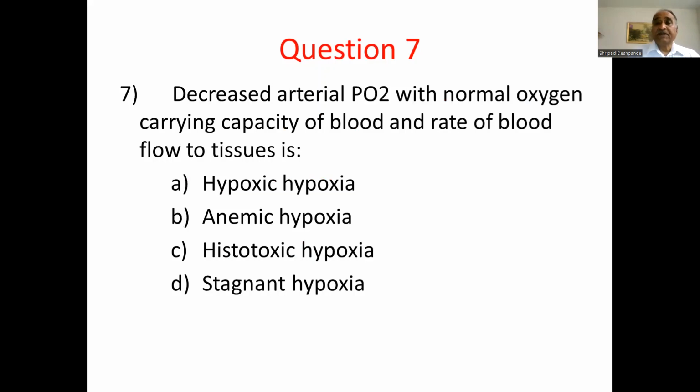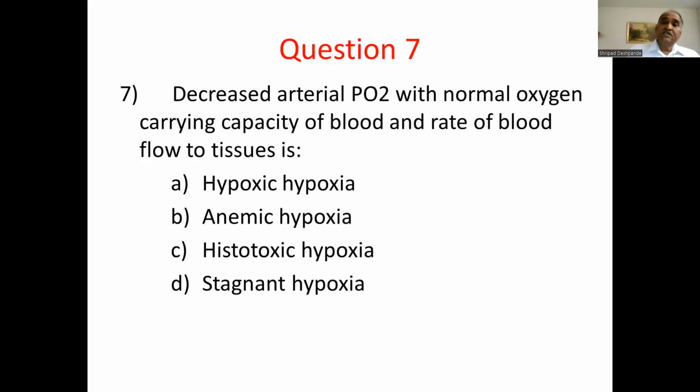Question number 7. Decreased arterial PO2 with a normal oxygen carrying capacity of the blood and normal rate of blood flow to tissue is: A, hypoxic hypoxia; B, anemic hypoxia; C, histotoxic hypoxia; D, stagnant hypoxia.